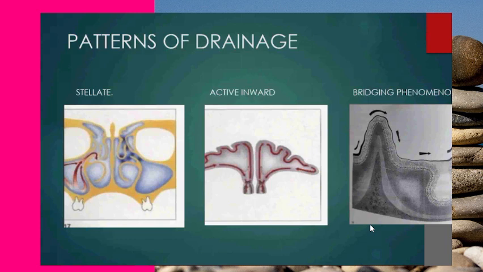So this mucus does not need to go to the deepest part of the ciliary membrane. It can bridge to the other end of the elevated part of the nasal mucosa. Okay, so the stellate pattern you should know, the active inward pattern you should know, and the bridging phenomenon you should know.